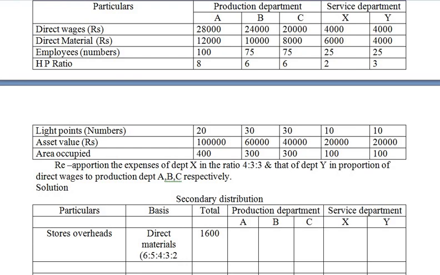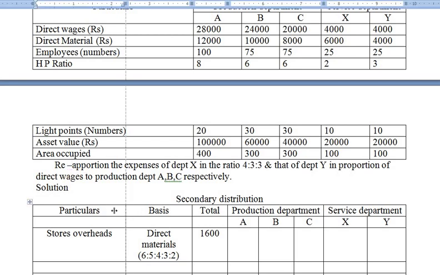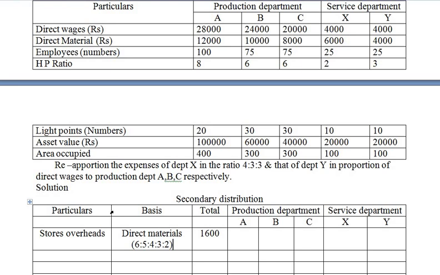This is the ratio of direct material. You will have to simplify it. Now 1600 should be distributed in this ratio.